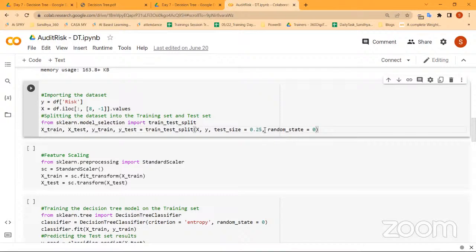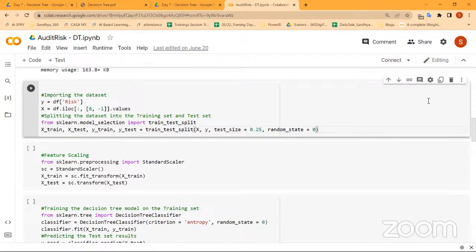Totally it should be 100%, right? So there is no need to mention the train size, it is automatically understood. Only if we mention the test size, that's more than enough. And of course we have random_state equal to 0, but you can give any number.